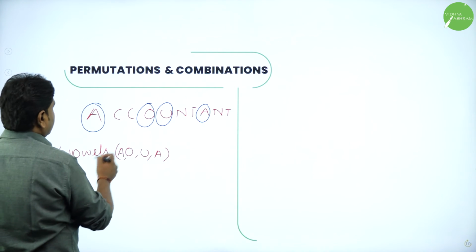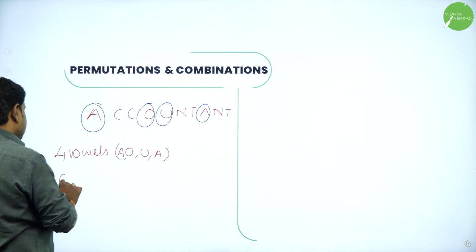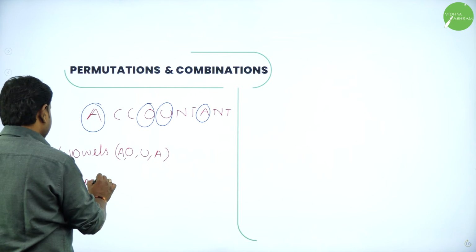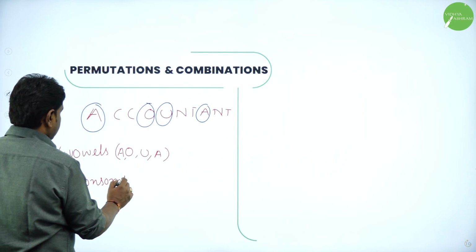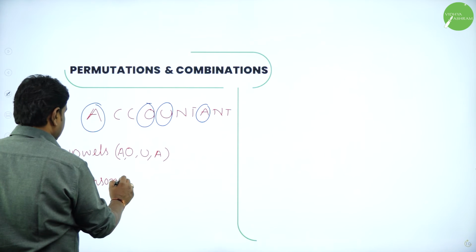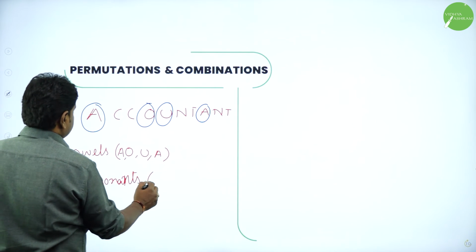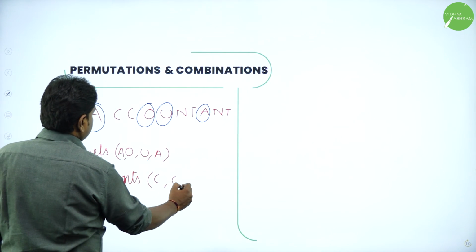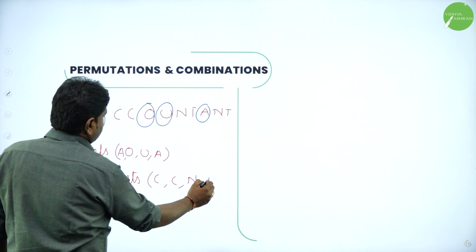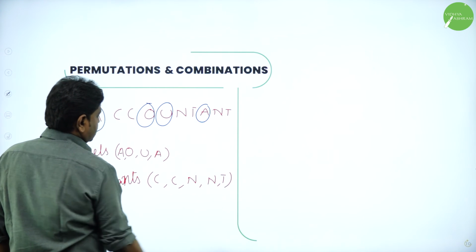Consonants, how many are there? Remaining, we have 6 consonants. What are the 6 consonants? C, C, N, N, T, T. These are the 6 consonants.